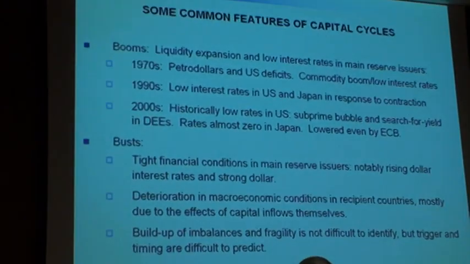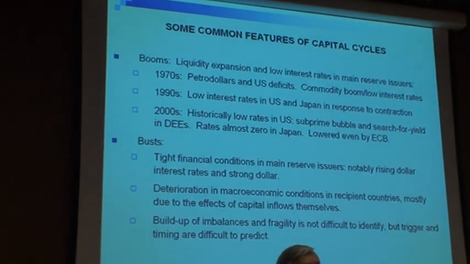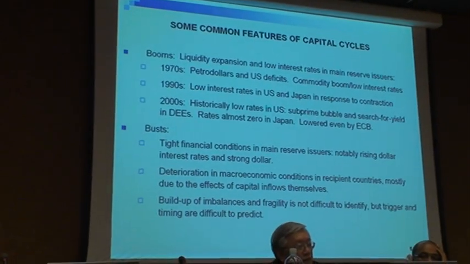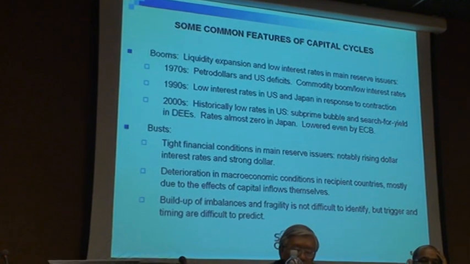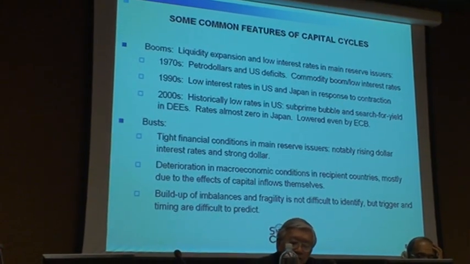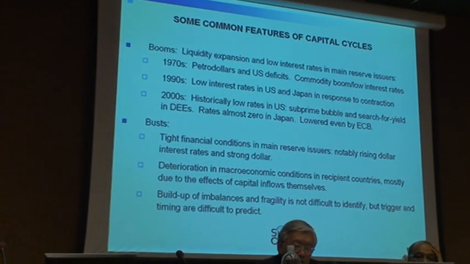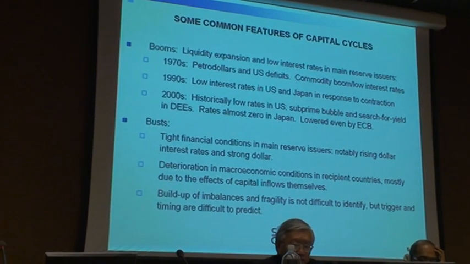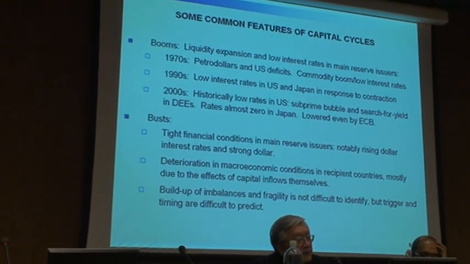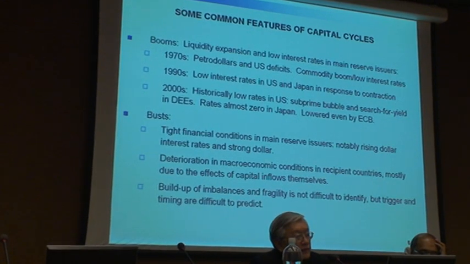When we talk about international liquidity, we often mean dollars, because it's the key central reserve asset. The 70s was due to petrodollars and the US deficits. It gave rise to a commodity boom and low interest rates.